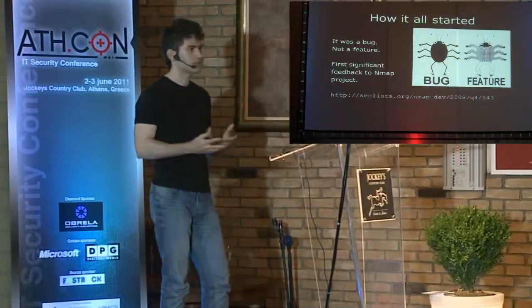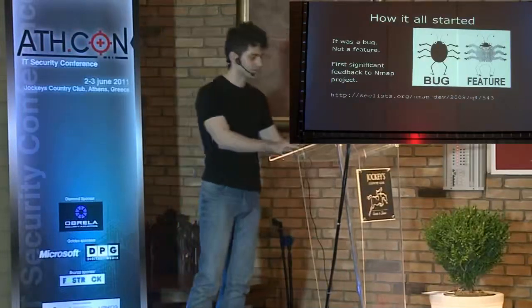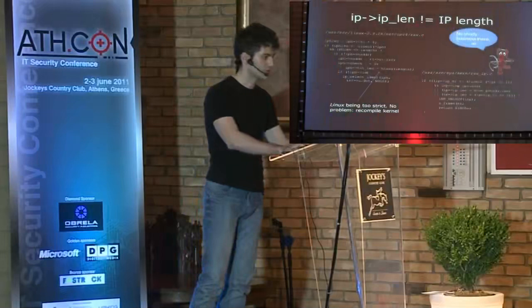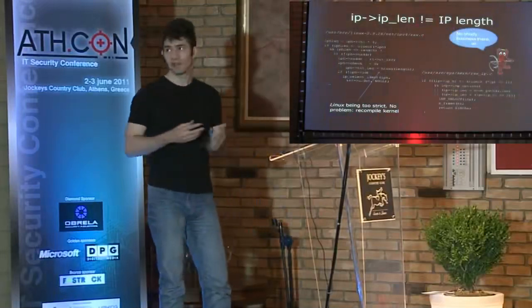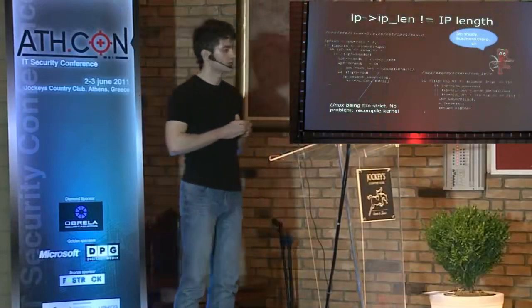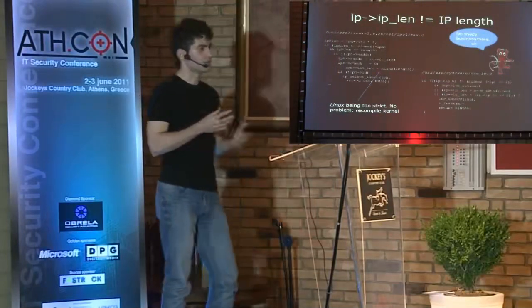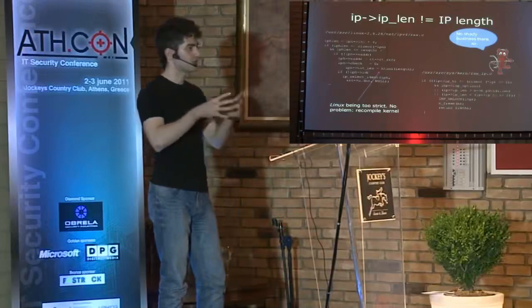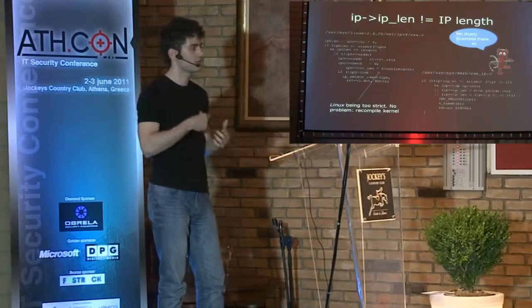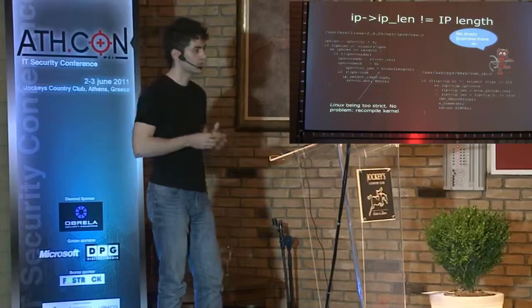And what I saw was that, you can see it here, they initially checked the IP datagram length, which is the length of the whole IP packet, meaning the length of the IP header, the length of the TCP header, and the length of the TCP payload.